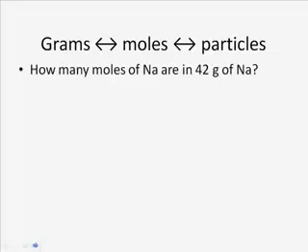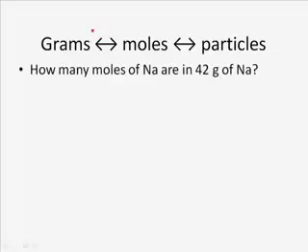However, these are not so easy to measure, and especially in a regular chemistry lab like ours. And so we need a connection between what we care about and what we're able to measure. And so we can very easily measure mass in grams. And so what the mole does is it is a connection between grams of a substance and the number of particles.